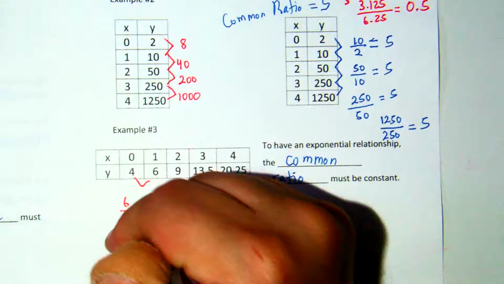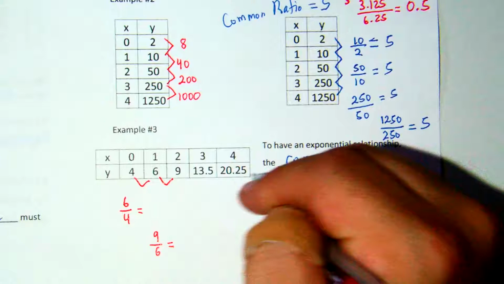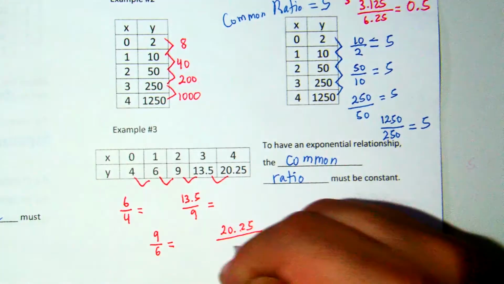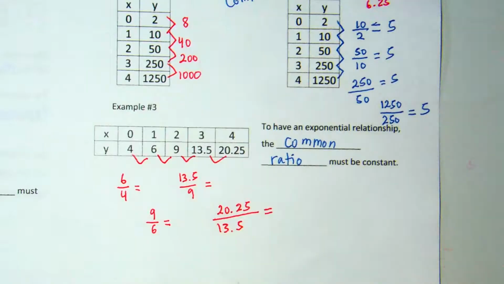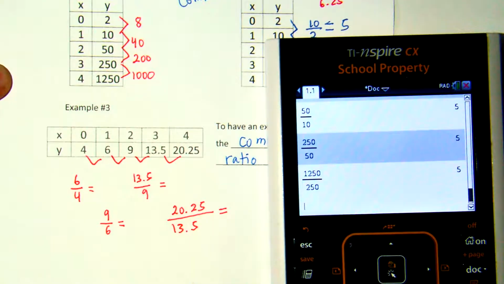Here to here, we're taking 9 and dividing it by 6. Over here, we're taking 13.5 and dividing it by 9. And then here, 20.25 divided by 13.5. This may seem odd, because we have all these different fractions and it doesn't look like they're going to give us the same values. But let's try it out.